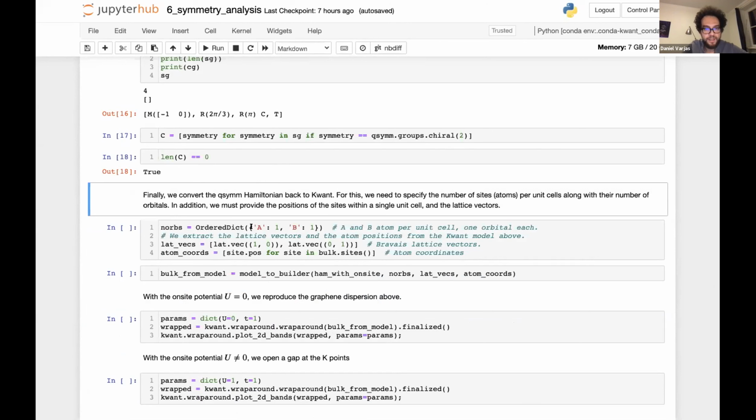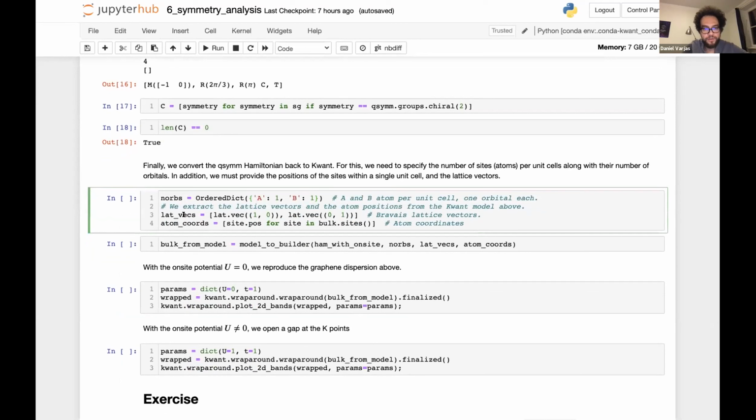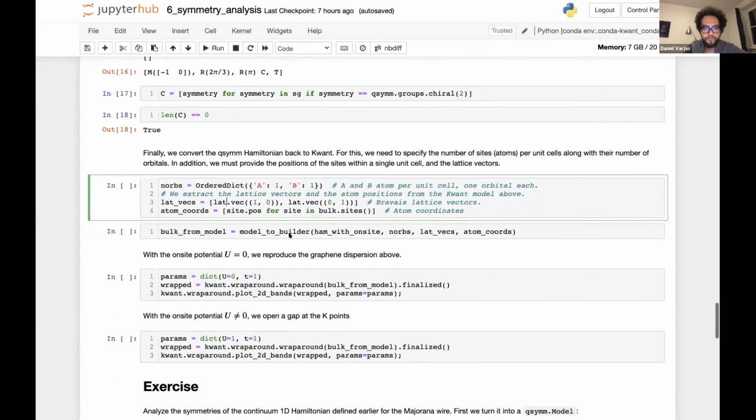So this is just saying that there is an A sublattice with one orbital per site, and there is a B sublattice with one orbital per site. And we also have to provide the lattice vectors for the lattice. This we just take from the lattice that we used before to define the Kwant system. So these are just the two lattice vectors from there.